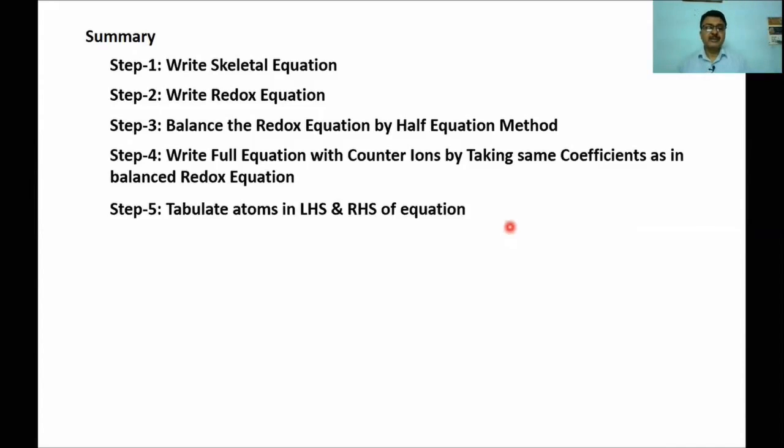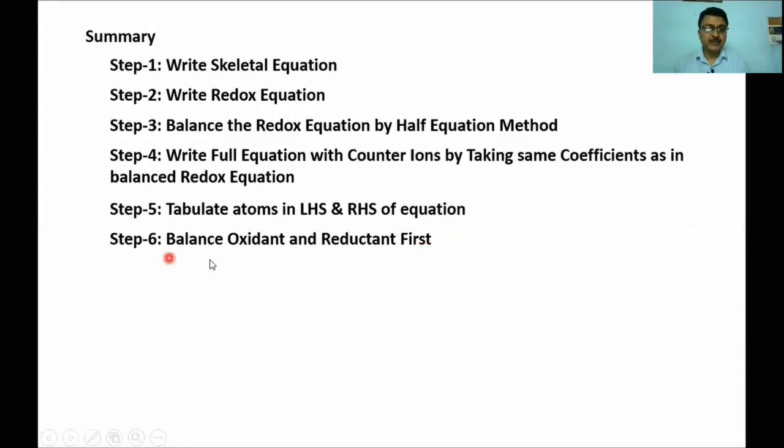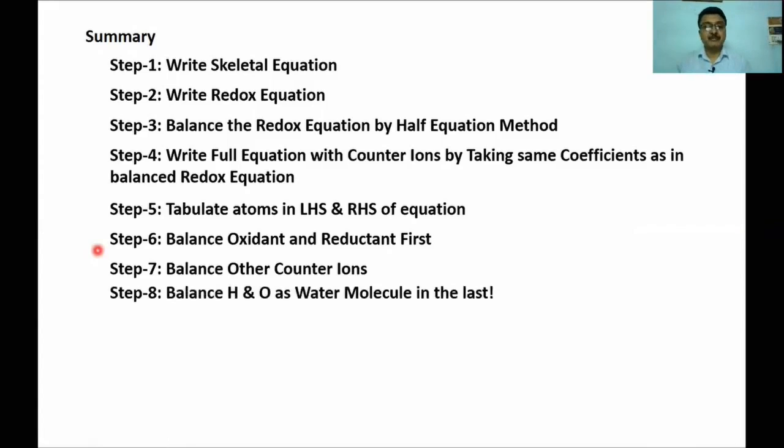Number 5, tabulate atoms on the left hand side and right hand side of the equation. Step 6, balance oxidant and reductant first. As I have already told you, this is a very important step and you should stick to your exercises on this step. Then number 7, balance other counter ions. Number 8, balance hydrogen and oxygen as water molecules in the last.